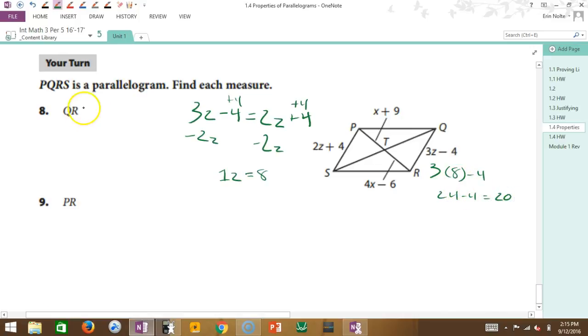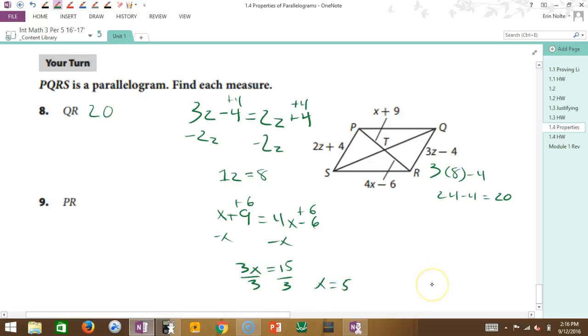So wait, why is it necessary for us to know x plus 9 and 4x minus... Is this it?